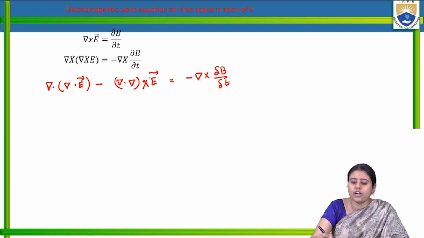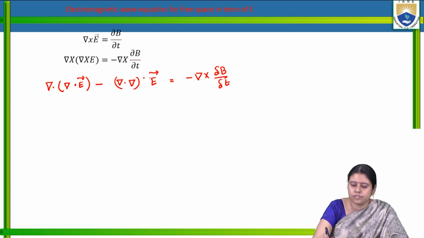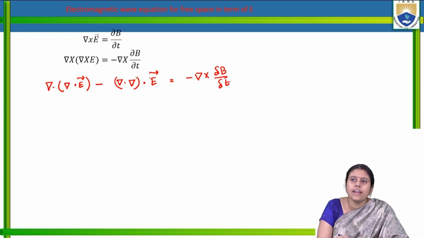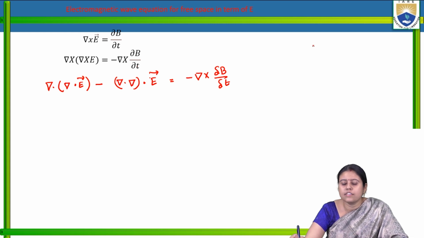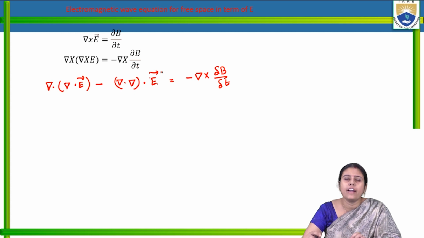We can expand this as grad of grad dot E minus grad square E. Now we know grad dot E is equal to 0.